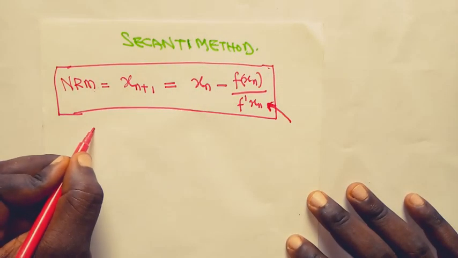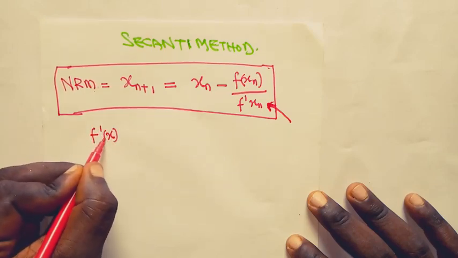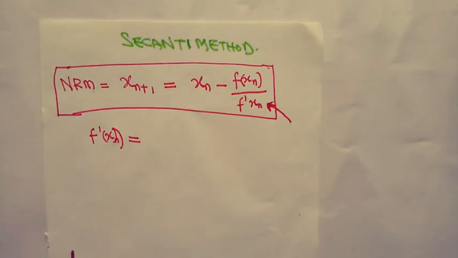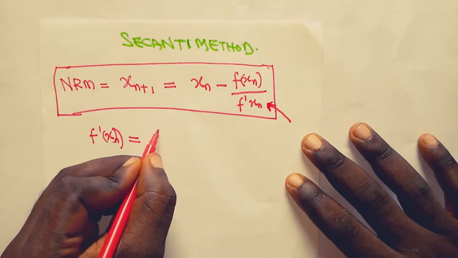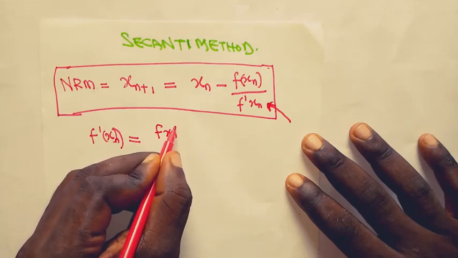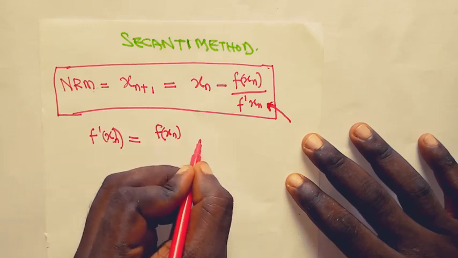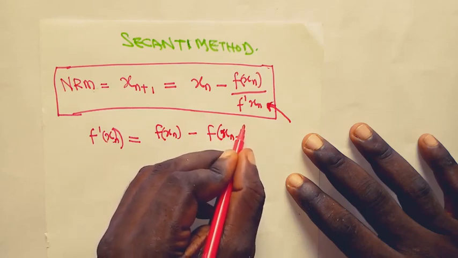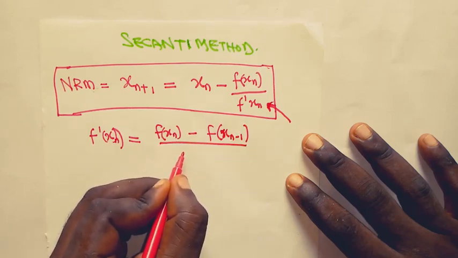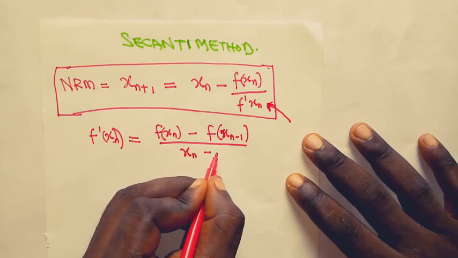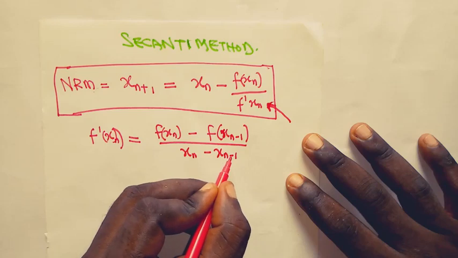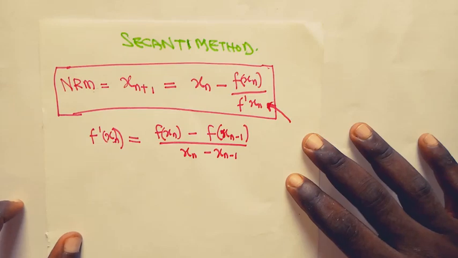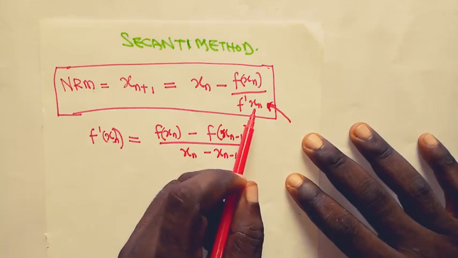So to say, f prime of x_n will be equal to the changing function, f of x_n minus f of x_{n-1}, with respect to changing x, x_n minus x_{n-1}. That is the changing function with respect to changing x. And that is what this part of the formula means.